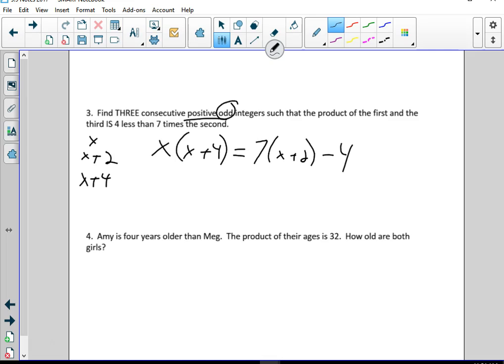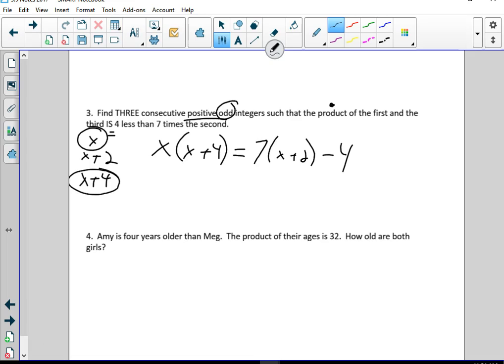Now, it says the product, meaning times, multiplication, right, of the first one and the third one. Well, x times x plus 4 is, that's my equal sign right there, and this is the hard part, 4 less than means you actually put minus 4.